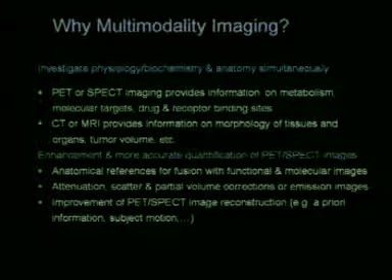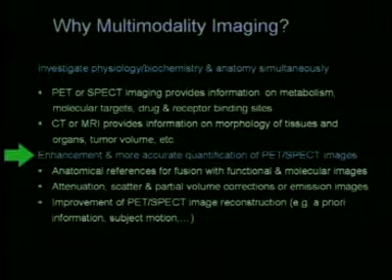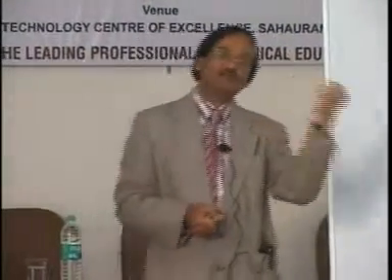So one is the coupling of two particular pieces of information into a single frame, or you can enhance whatever information is coming from a single modality. Like a PET CT is giving information, but that information is not sufficient to give a diagnosis. So we try to enhance that information.